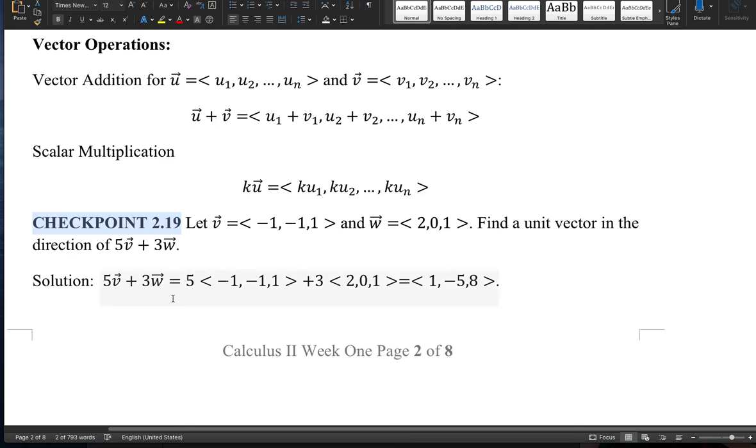So first, what I calculate here is the vector 5V plus 3W. And still, you want to help me double check my numbers. Honestly, when I'm reading the notes, it's hard for me to figure out if the numbers are right. Hopefully they should be fine.